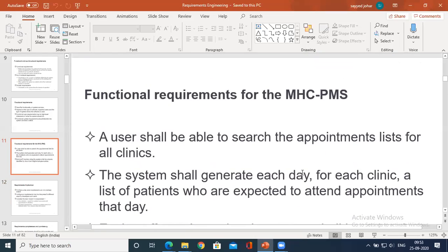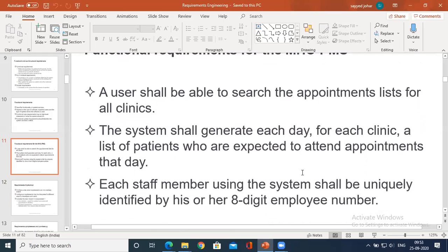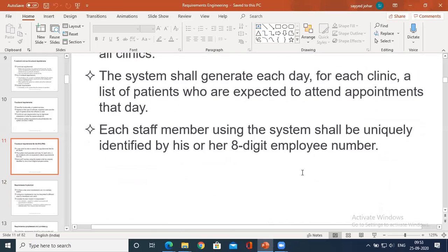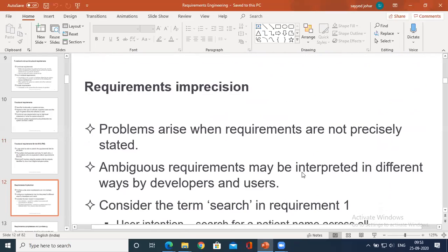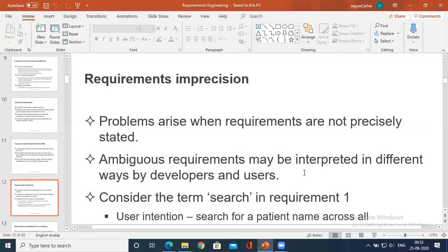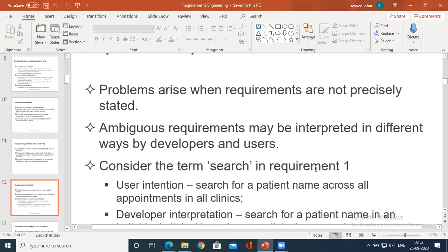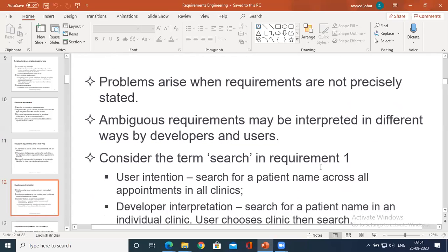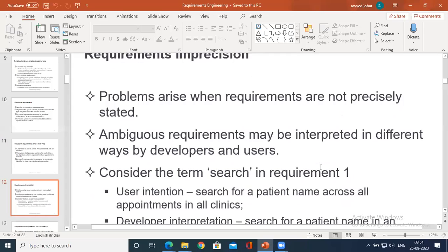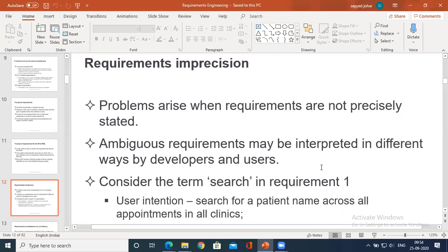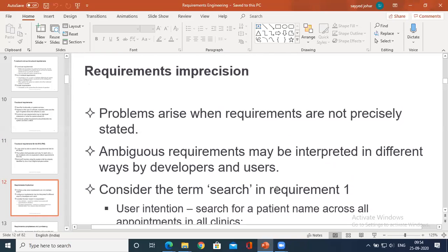We have data of patients, which has a privacy to be protected. So these are all the requirement implementation.